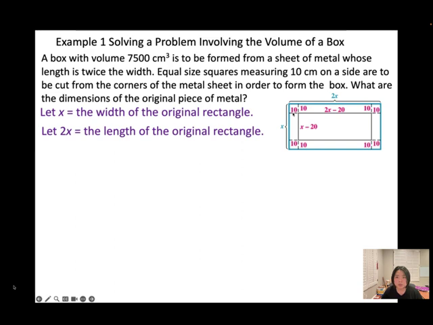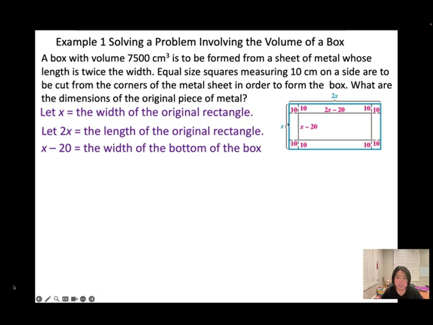So we could calculate what is the length of the box. The length of the box is talking about this line here. So the original rectangle here is going to be 2x. 2x minus 10 minus 10, that will be the length of the box. So that's why we have a 2x minus 20 here.